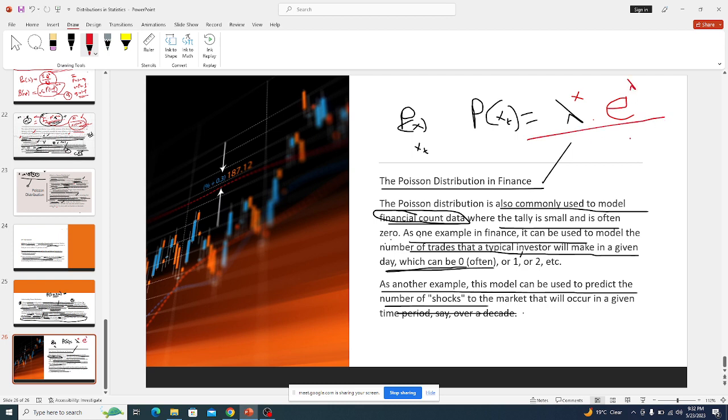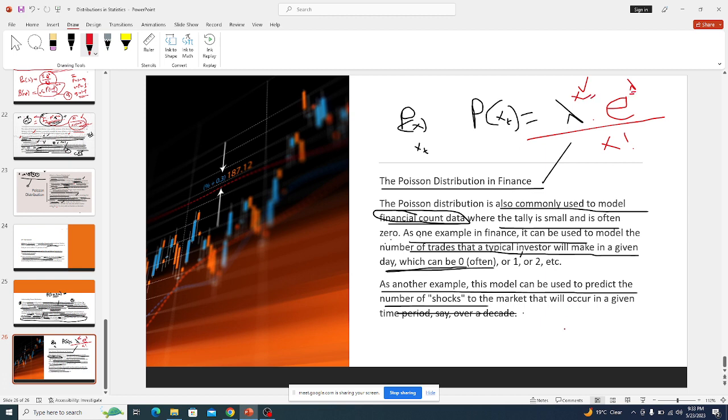Then divide by factorial of x, whereby x is the number of events occurring. Yes, x is the number of events occurring and lambda is a constant.